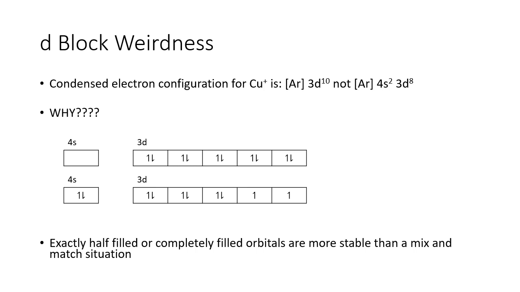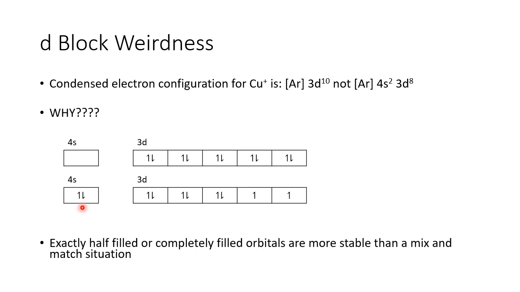So I have the 2 different configurations using box diagrams of just the valence electrons. It turns out exactly half filled or completely filled orbitals are more stable than a mix and match situation. So in the top here, we have a completely filled d orbital. That's a 3d10, where everything is matched, and we have nothing in the s.